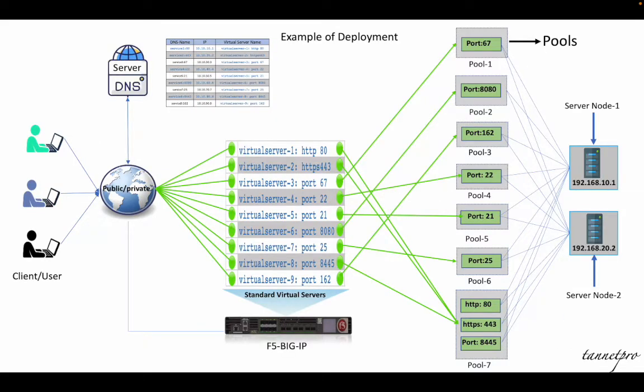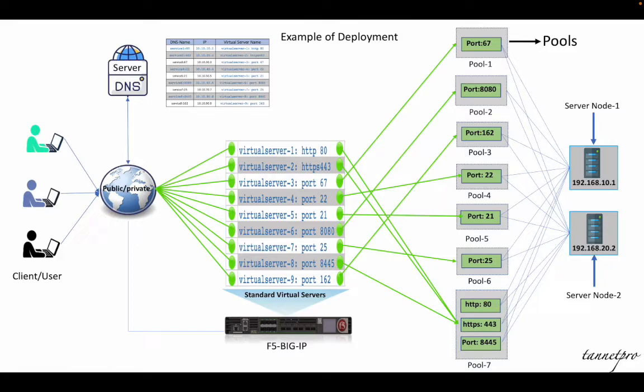Now here I have given one example. You might have multiple questions during my pool member explanations, right? Here I will try to explain the actual, real environment deployment. So here in F5 you can create multiple virtual servers with multiple services, right?